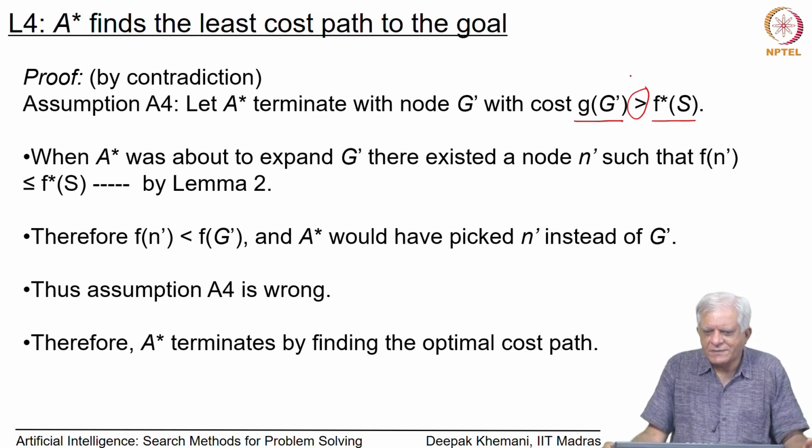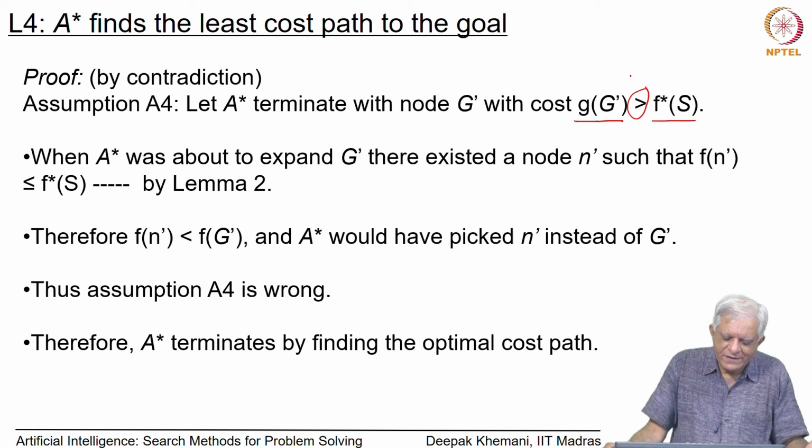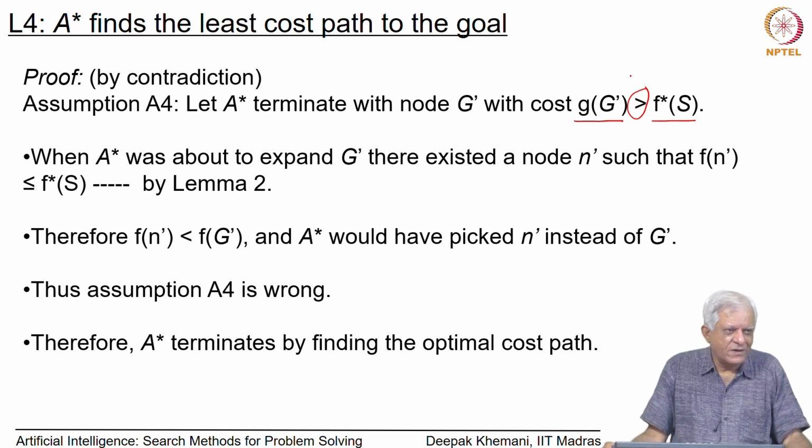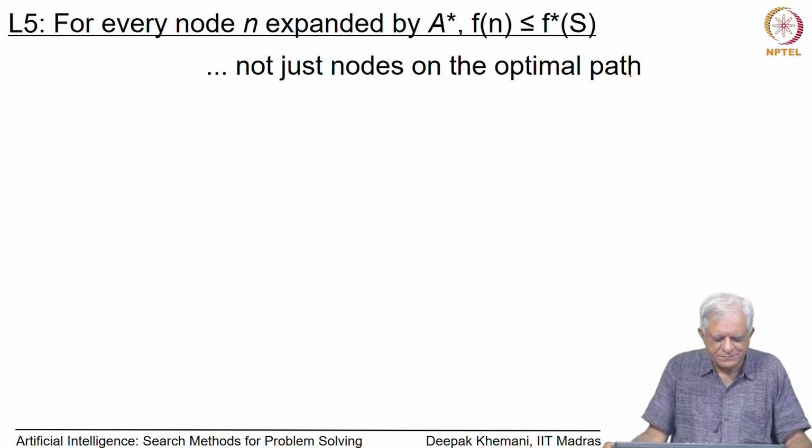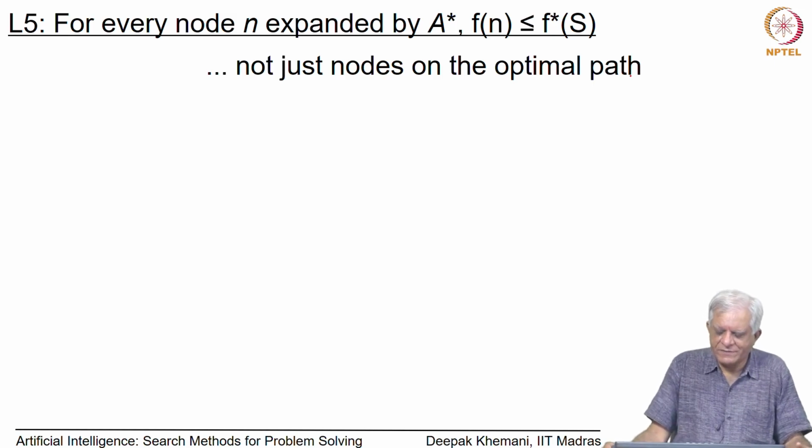But there are certain other properties that we would want to discuss. So, let us prove a couple of more things before we start looking at variations of the algorithm. The next lemma that we want to prove is that for every node that is expanded by A star, its value f of n is going to be less than the value of the optimal cost path.